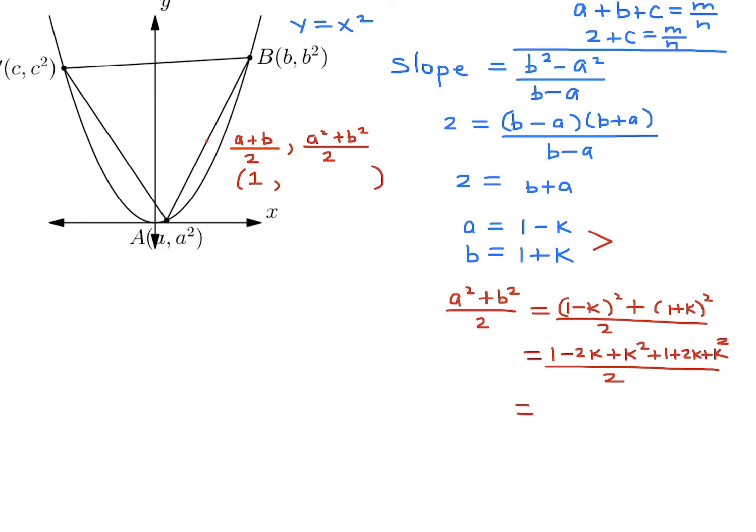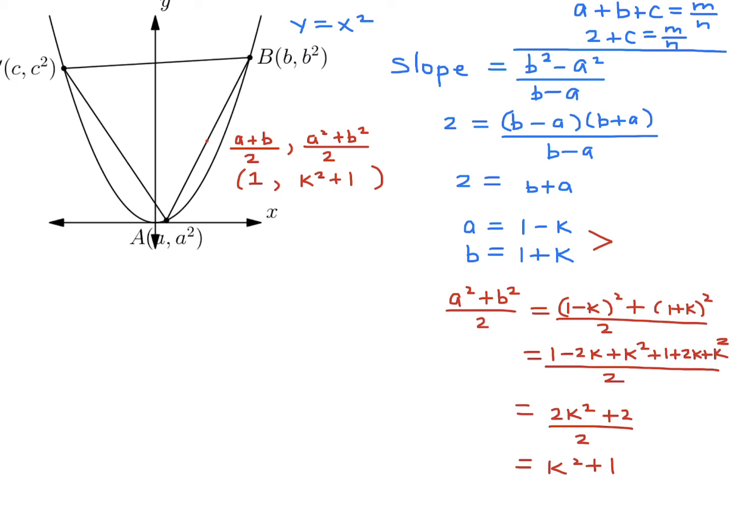And this looks like k squared is going to add twice, and then the 2's all over 2. So that's just k squared plus 1. All right, so this becomes k squared plus 1. A little bit of progress there, right? Okay, so now where do we go from here?